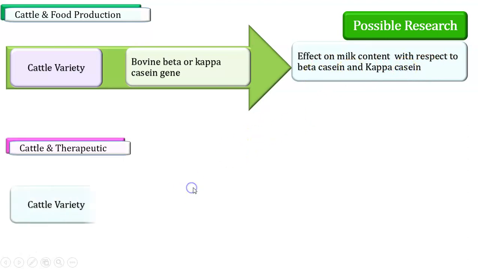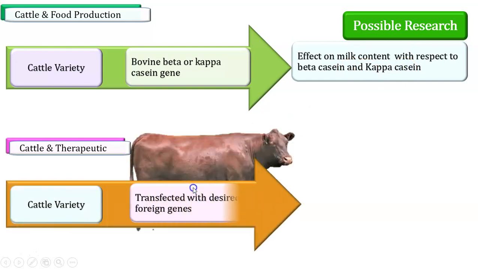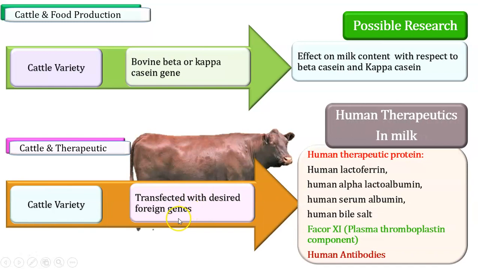Cattle and therapeutic. Again, appropriate cattle variety is used and it is transfected with desired foreign gene and various human therapeutic proteins, human lactoferrin, human alpha-lactalbumin. These can all be obtained in the milk of that cattle.